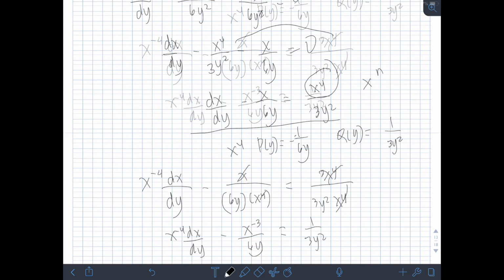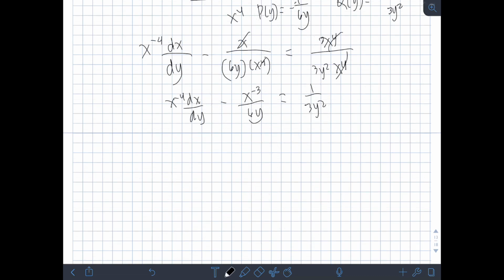Okay? So, when we deal with Bernoulli equation, ang lagi nating substitution is let z is equal to etong x raised to negative 3. Yung nakatabi doon sa p of y natin. So, let z equals x raised to negative 3. Then, differentiate, we have dz is equal to negative 3 x raised to negative 4 dx.